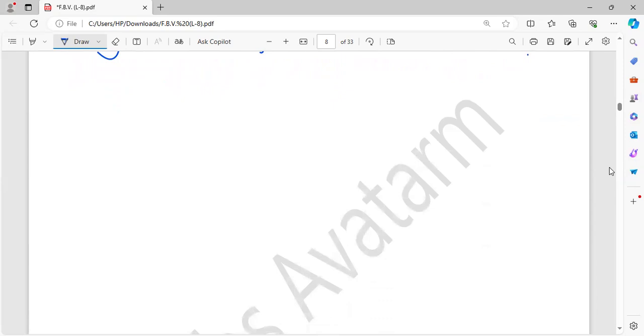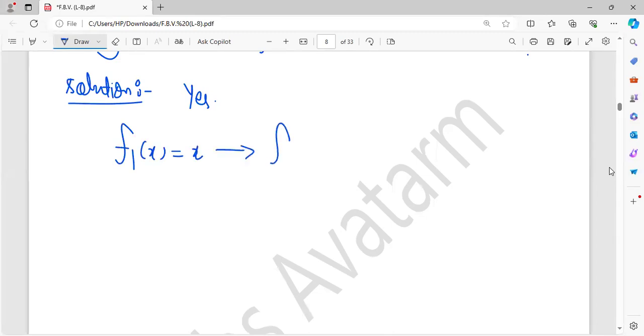Okay. Solution. The answer is yes. Yes. Why? Let's see. Because I am taking f1(x) is equal to x. Because this is a polynomial, it is a function of bounded variation. Polynomial functions are functions of bounded variation.